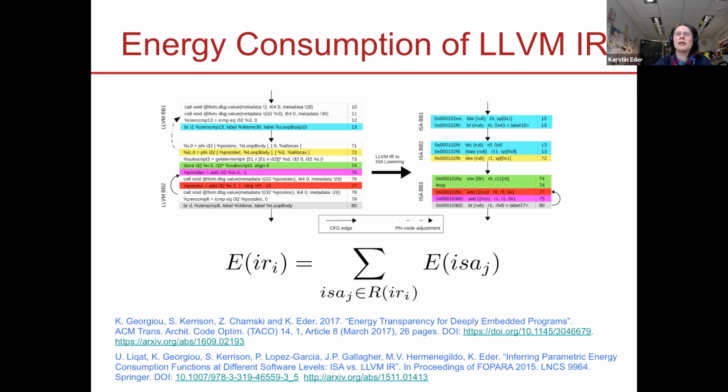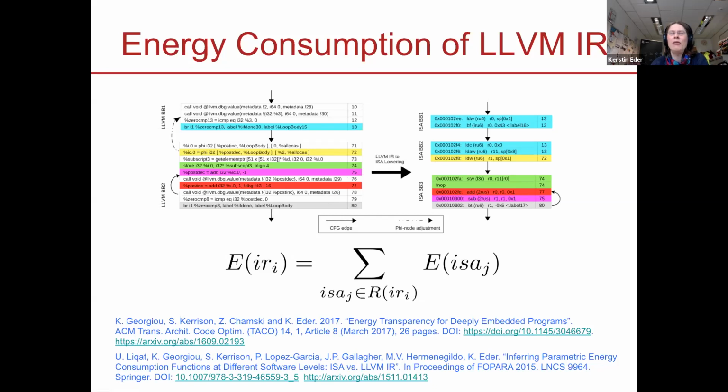So if we read this multicolored graph from right to left, then on the right hand side I've got the machine code, and for each machine instruction I've got a cost, right? And as this machine code was created, on the right hand side you see numbers 13, 72, 74, 75, and so on. This is where these machine instructions came from with respect to the intermediate representation in the compiler.